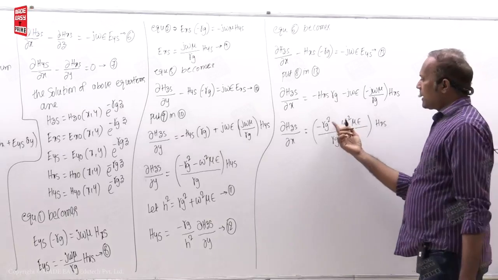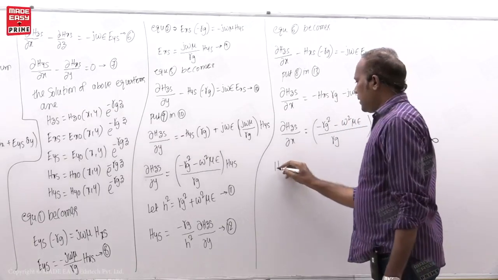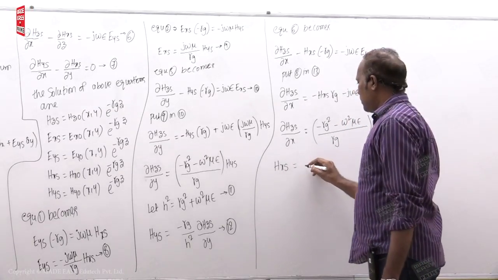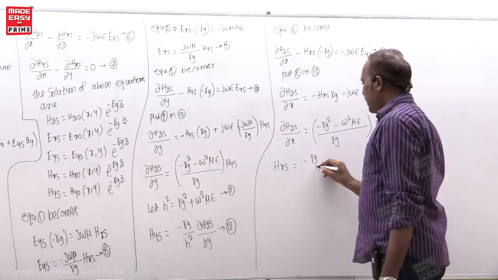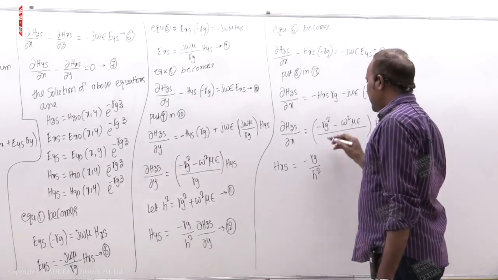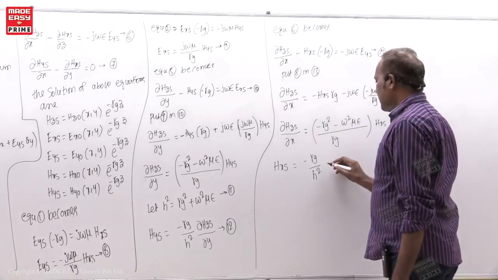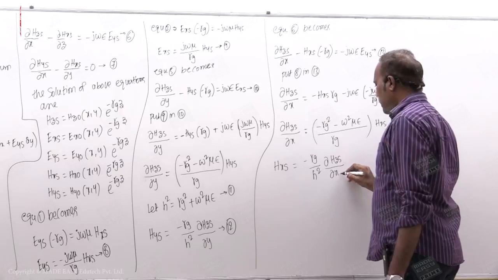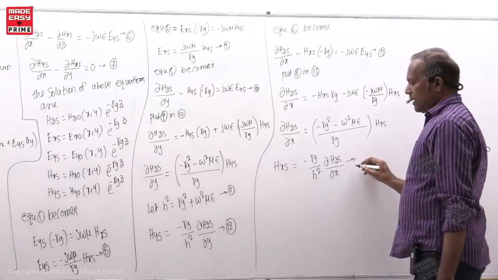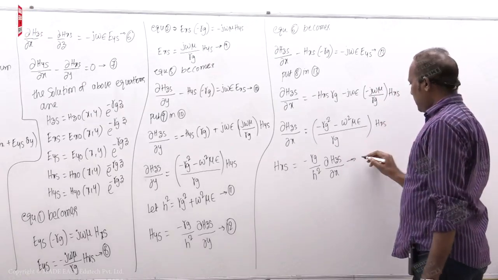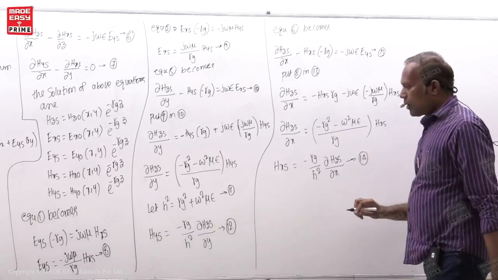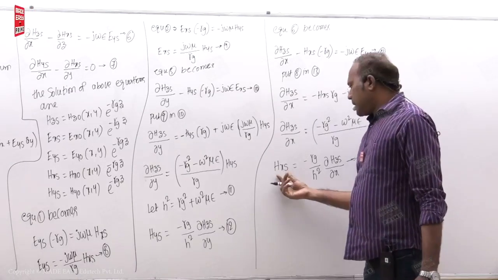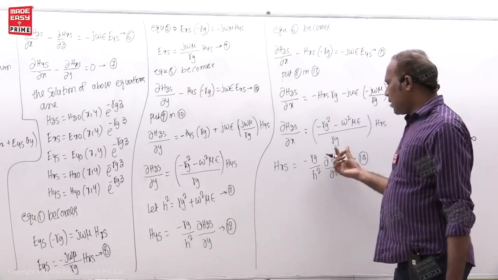So this is again minus h square. So ultimately Hxs is equal to minus of gamma g divided by h square, and minus is there, dou Hz divided by dou x, dear students. So this one is equation number 13 and this is 14.